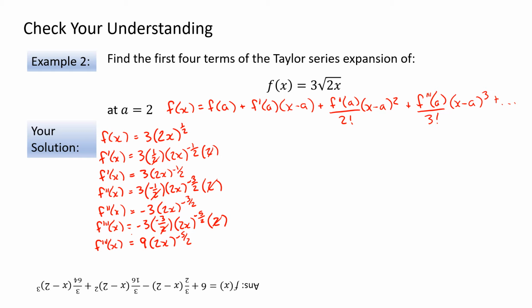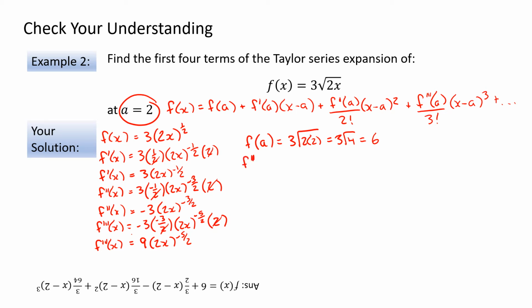Now we're going to substitute in our value of a, which is 2. So we have first f at a, okay, which is equal to 3 times the square root of 2 times 2, which is 3 times the square root of 4, which in this case equals 6.